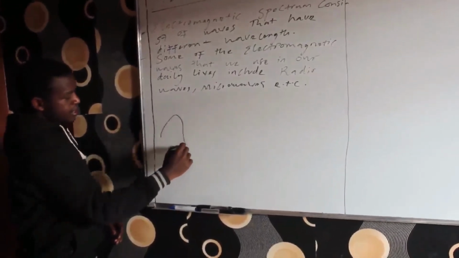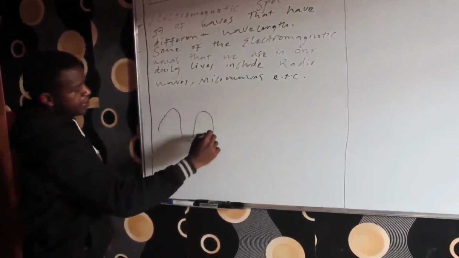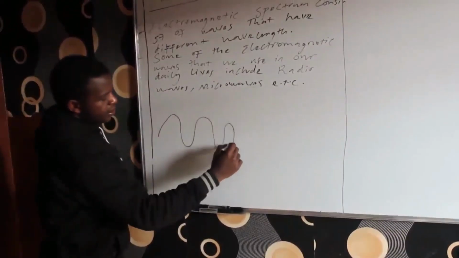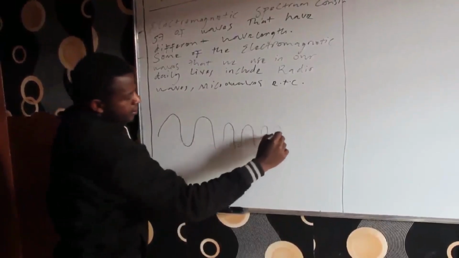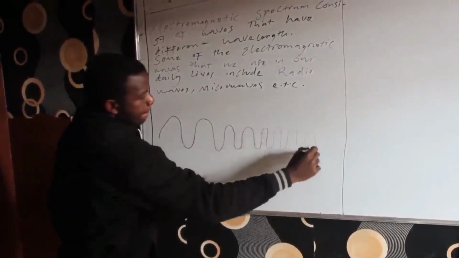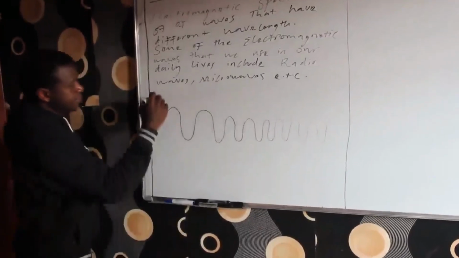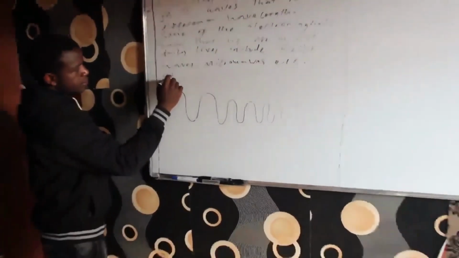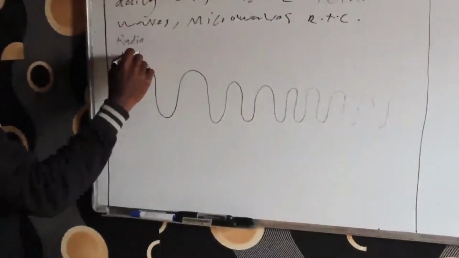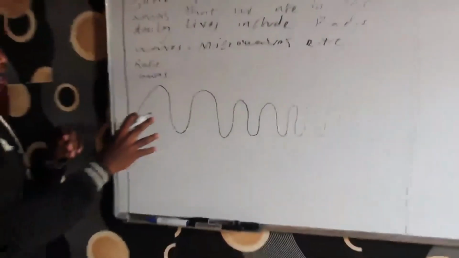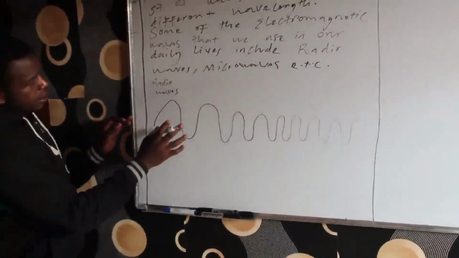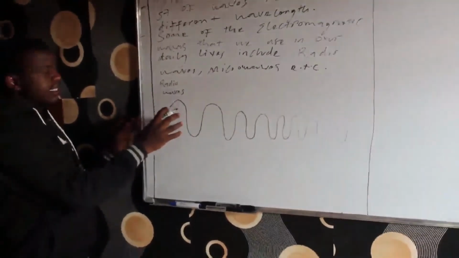Then the sequence. So this is how the sequence is. As I draw, these represent the wavelength. The radio waves, their wavelength is large.